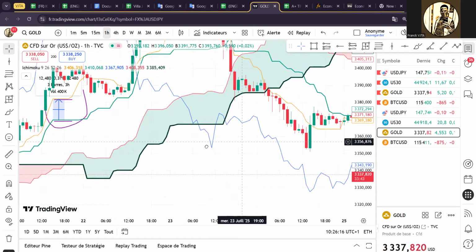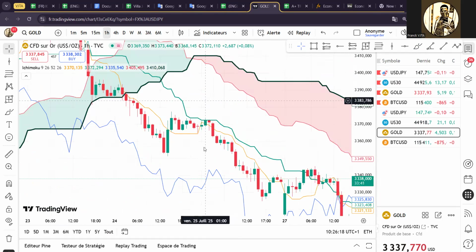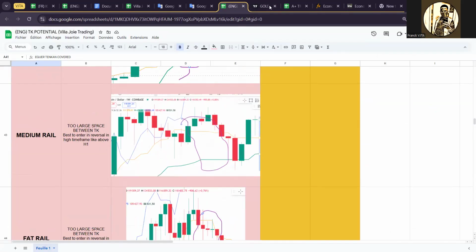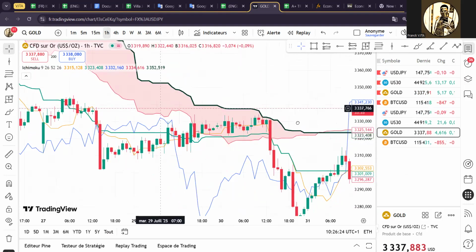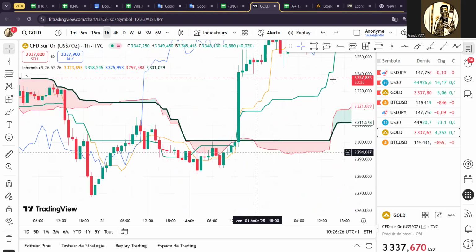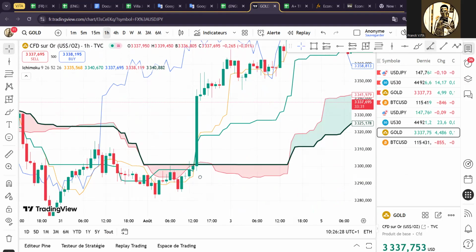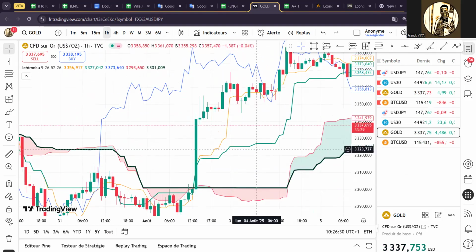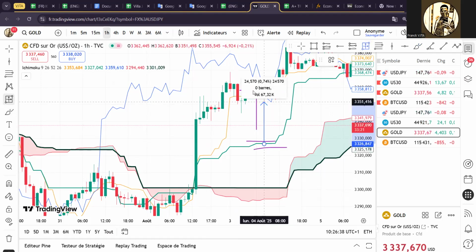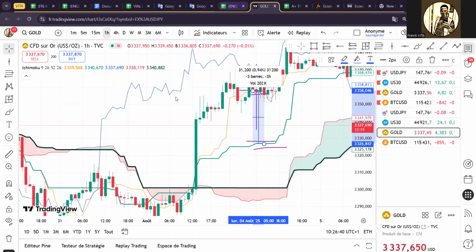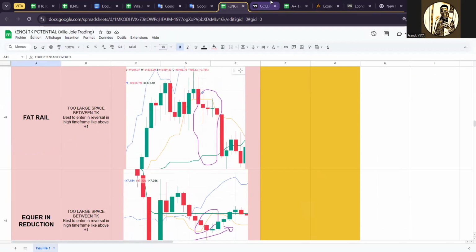But after the fresh ride, you can also have the medium ride, where the size between Tenkan and Kijun is larger, like this one. This is even a fat ride. Anyway, this is even huge. Like this is even a fat ride, right?